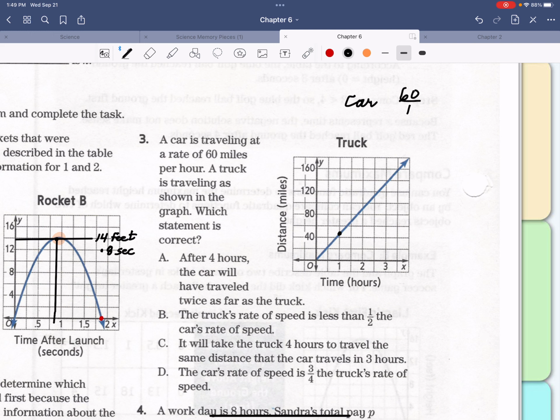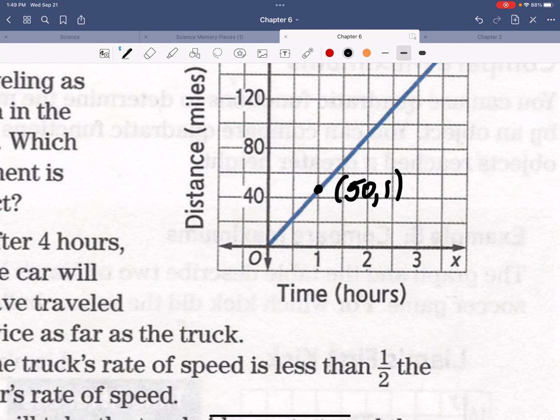It's about 50 miles an hour, I'm guesstimating, because at 51, we do have a point. This is 60. Maybe 48.1, something like that.